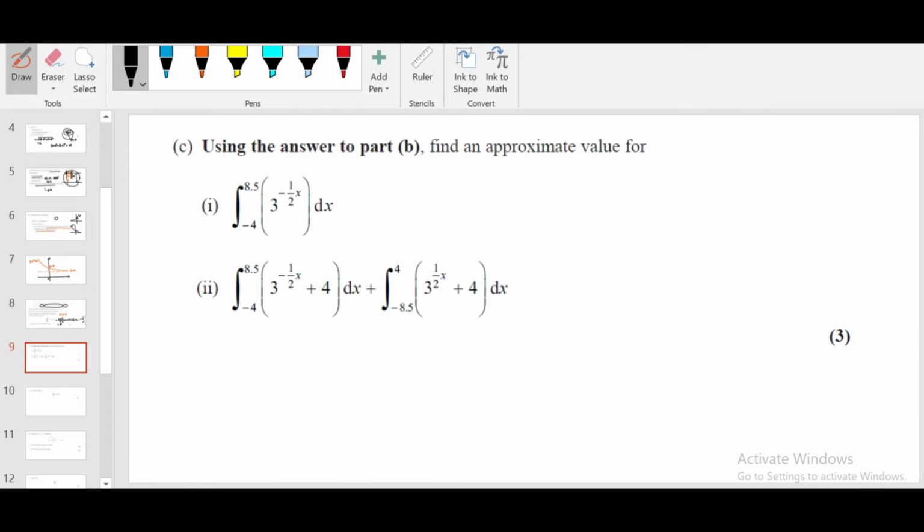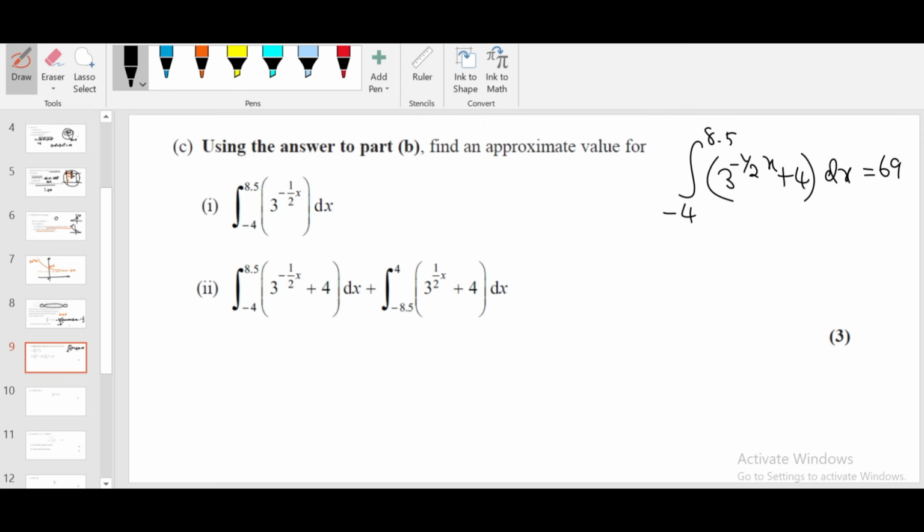In the previous part we got this answer: the integral from minus 4 to 8.5 of 3 to the power minus half x plus 4 dx is equal to 69. Using that value they want you to solve these two integrals. Look at the first one. The plus 4 is missing.